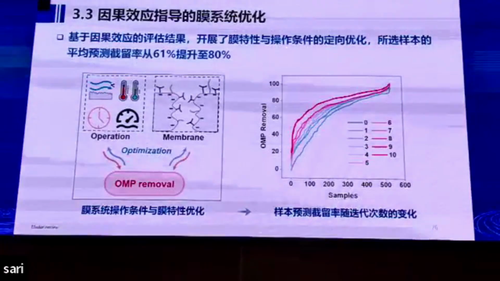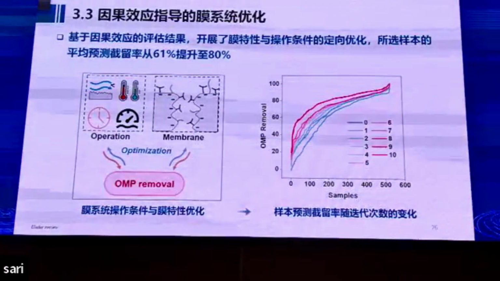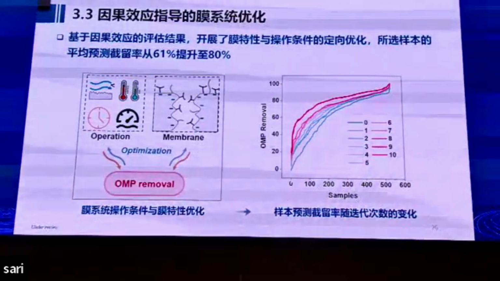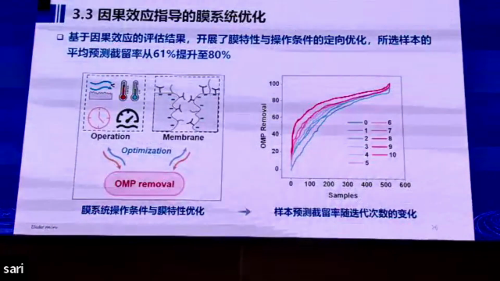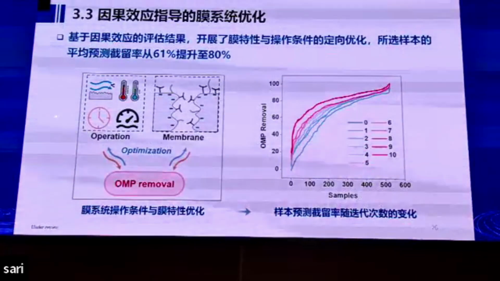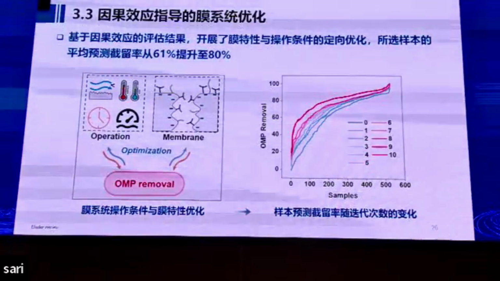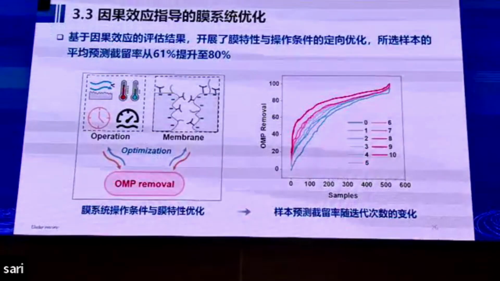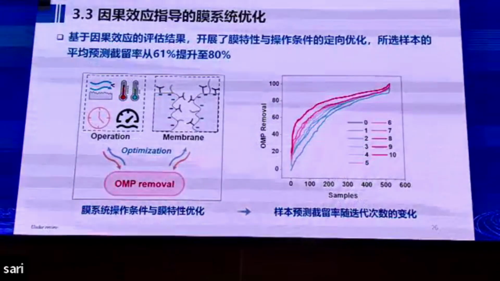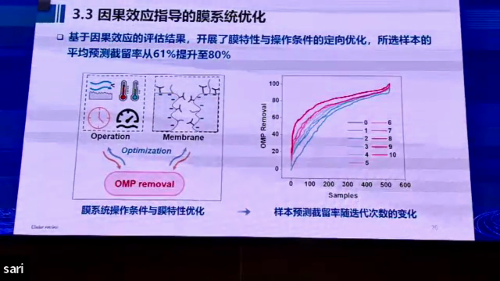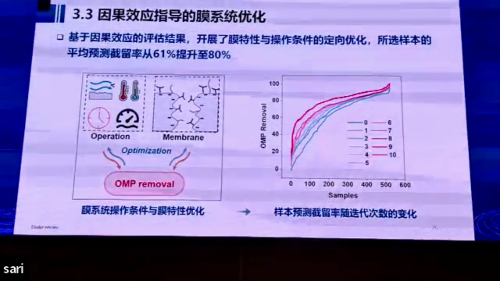And also, we can do some optimization based on the causal machine learning. In this figure, we make the pore size constant, and we can change other parameters. Because you know that when we narrow the pore size, we indeed can obtain high removal of the pollutant, but the water permeance will be reduced.